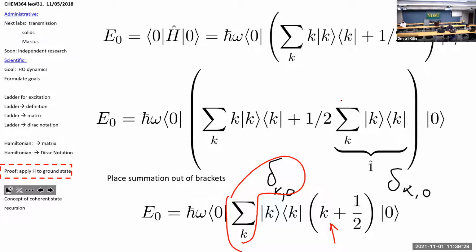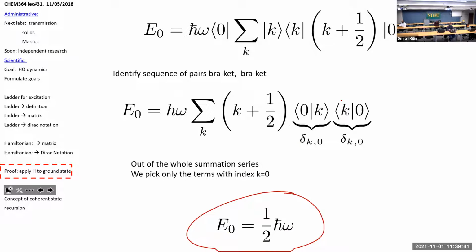So we plug in k equals 0, and then we get h bar omega times 1/2.